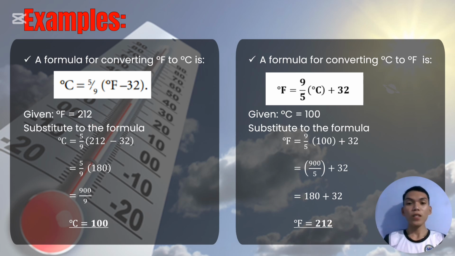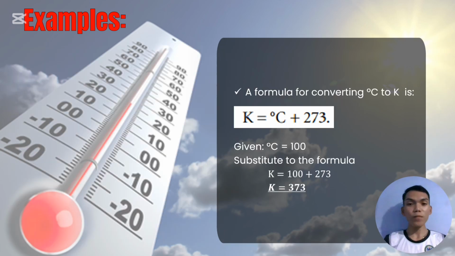Okay, so we move to the last example, the formula for converting degrees Celsius to Kelvin. Our formula is Kelvin is equal to degrees Celsius plus 273. Since our given example earlier is degrees Celsius equal to 100, the next step is to substitute in the formula.